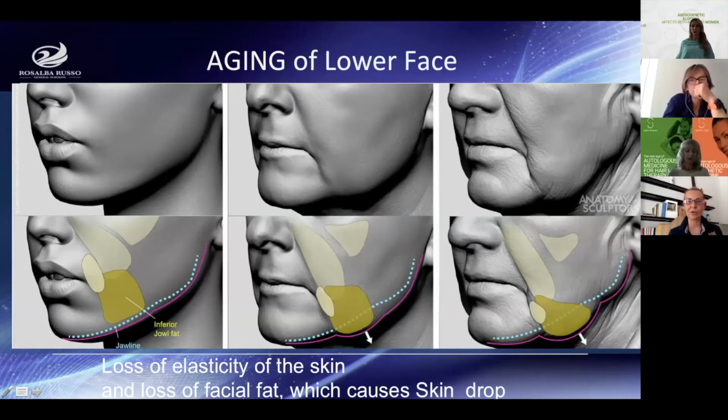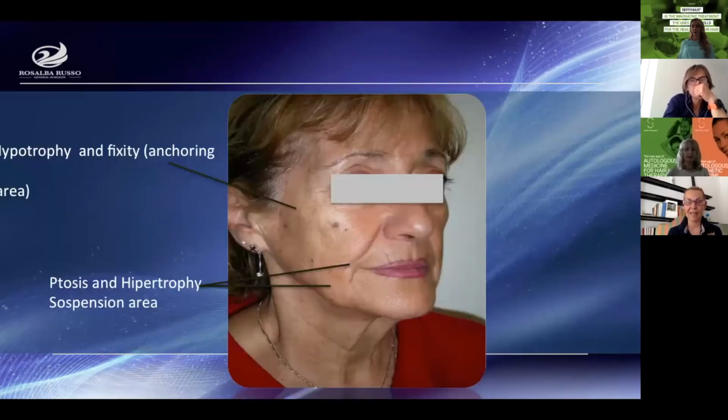When you use SEFFILLER, you improve the zygomatic area, you improve the quality of the cheek, but you may need to lift the jowl, because otherwise you don't have another solution for this, other than surgery.